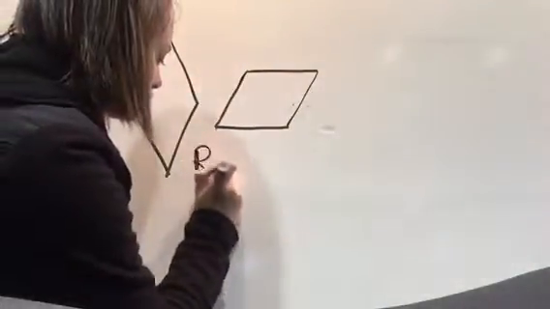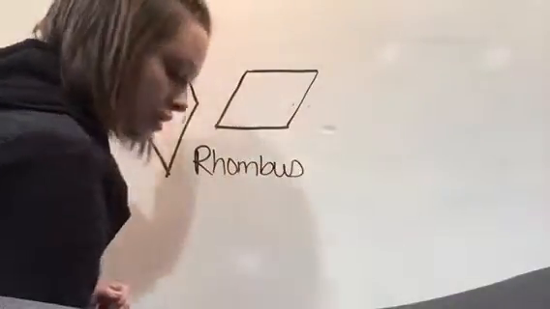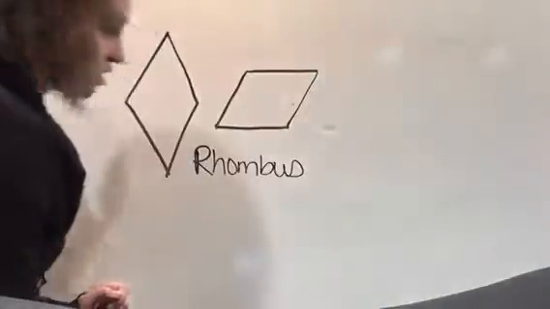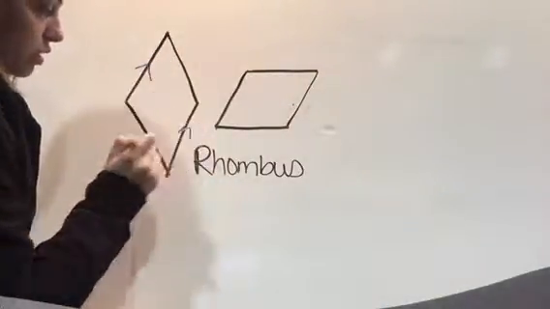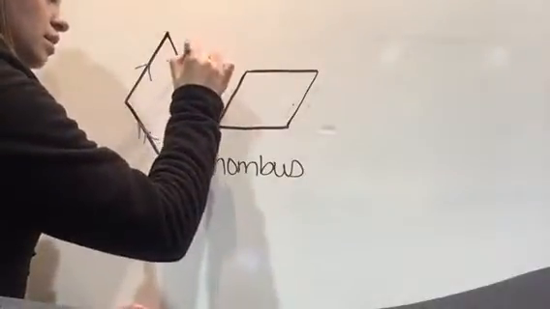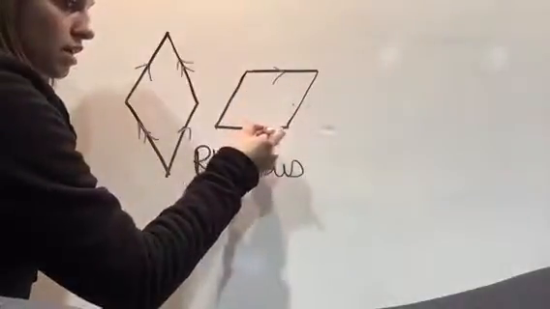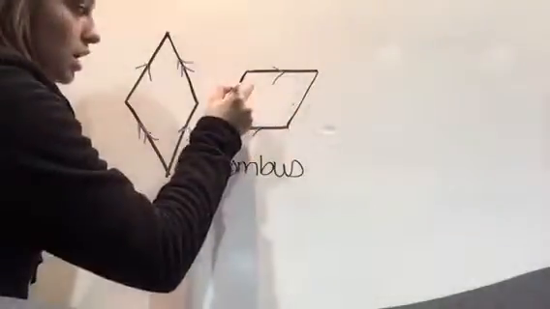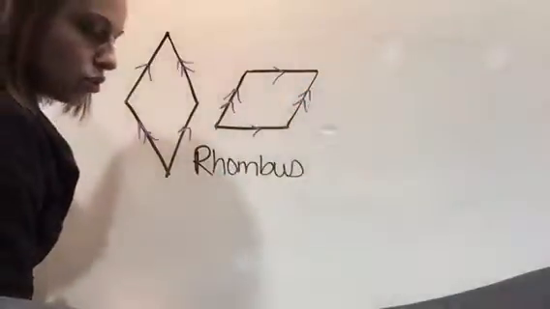In a rhombus, opposite sides are parallel. So this side and this side are parallel, and this side and this side are parallel. And on this one, this side and this side are parallel to each other, and this side and this side are parallel to each other.